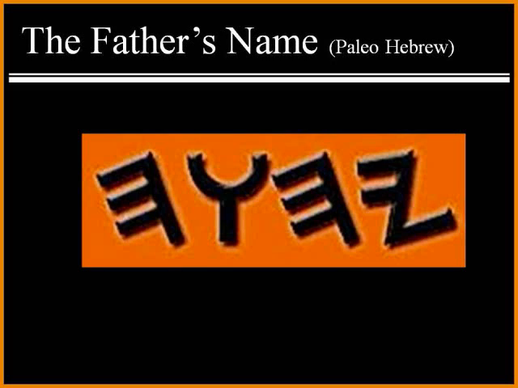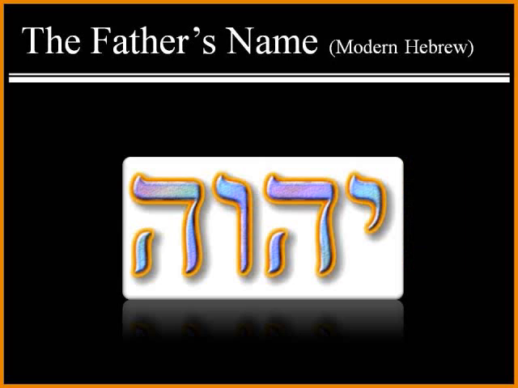As time progressed, we see that it went from Paleo to modern Hebrew. And now modern Hebrew took on another look in itself. We can see by this next slide that the modern Hebrew, the Yod-Heh-Vav-Heh, has a whole different look.